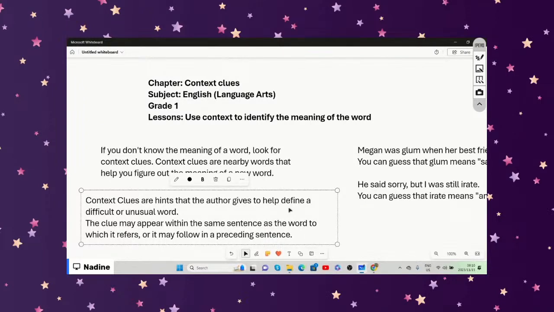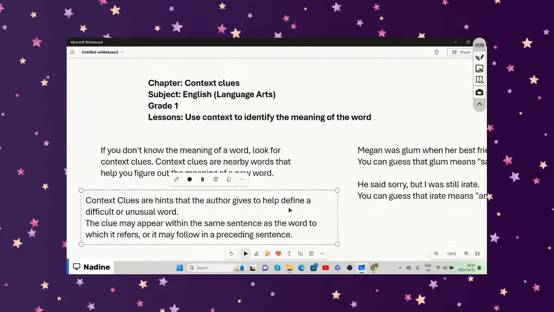And context clues, it's like hints, right? That the author gives to help define a difficult or an unusual word.